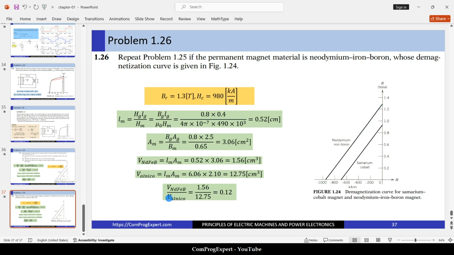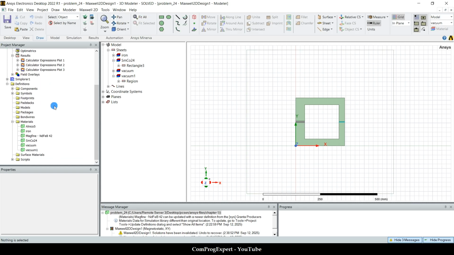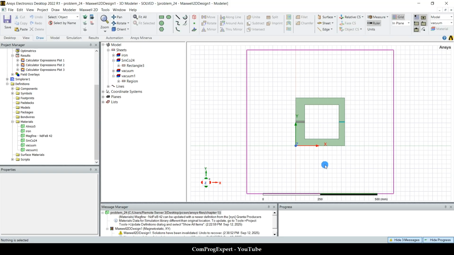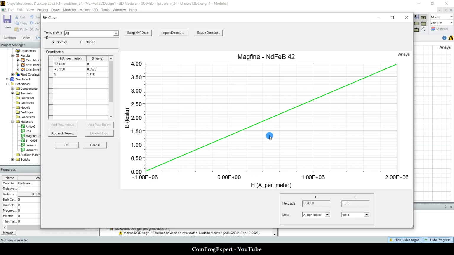Interesting. So here in the ANSYS Maxwell, I found this material close to what we have in this figure 24. This is the material. You can pick it up from the library. Here we have this BH curve for this material.